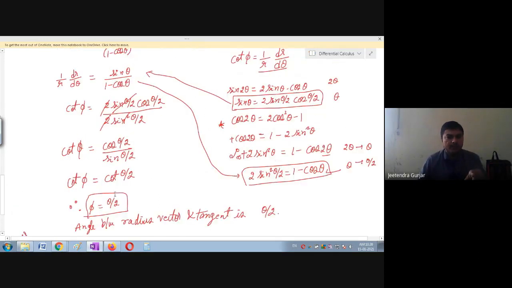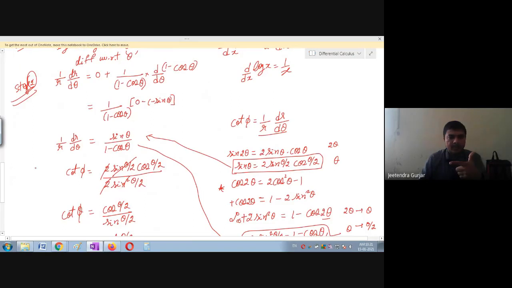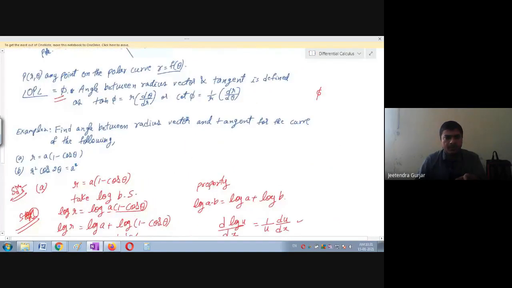Again, I will repeat the steps. Step 1, take log on both sides. Step 2, differentiate. First taking log, second you are going to differentiate, and third, you have to use the formula, that is tan phi is equal to r into d theta upon dr, or cot phi is equal to 1 upon r dr upon d theta.